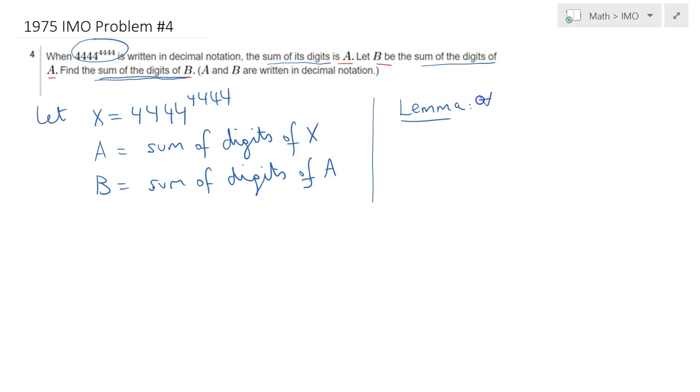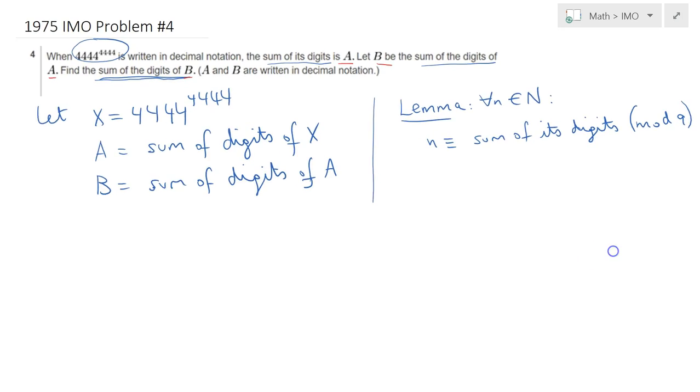For all positive integers n, the number n is congruent to the sum of its digits, and that happens in mod 9. Okay, so this everybody knows. This is a very well-known lemma.